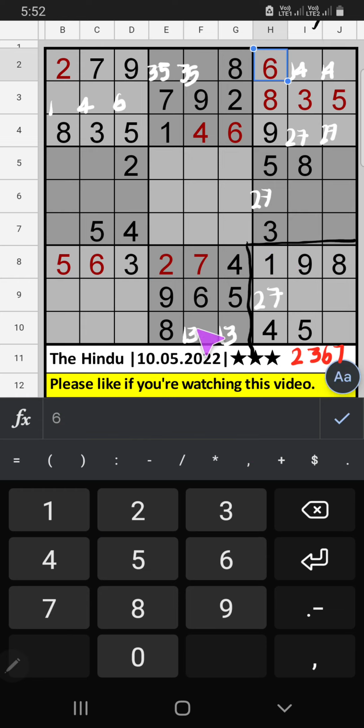Column I, 10th row, we have 3, so 3 can't come in these cells. Then 3 is confirmed here. Then only 3 numbers are remaining: 2, 6, 7. 9th row, we have 6, so 6 can't come in this cell. Then 6 is confirmed here. Then only 2 numbers are remaining: 2 and 7. It will come in any other 2 cells. We will confirm later.